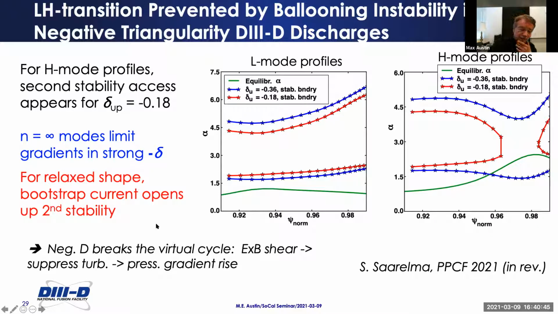The picture we have of negative triangularity remaining in L mode is that it breaks this virtuous cycle that we've come to know for H mode formation, where the E cross B shear suppresses turbulence, allowing the pressure gradients to rise, which increases the E cross B shear and so forth. This bootstraps, it's probably not a good word, this cycle that makes it happen. The shape and the ballooning stability break this cycle, and this is again what makes negative triangularity robustly have an L mode edge.